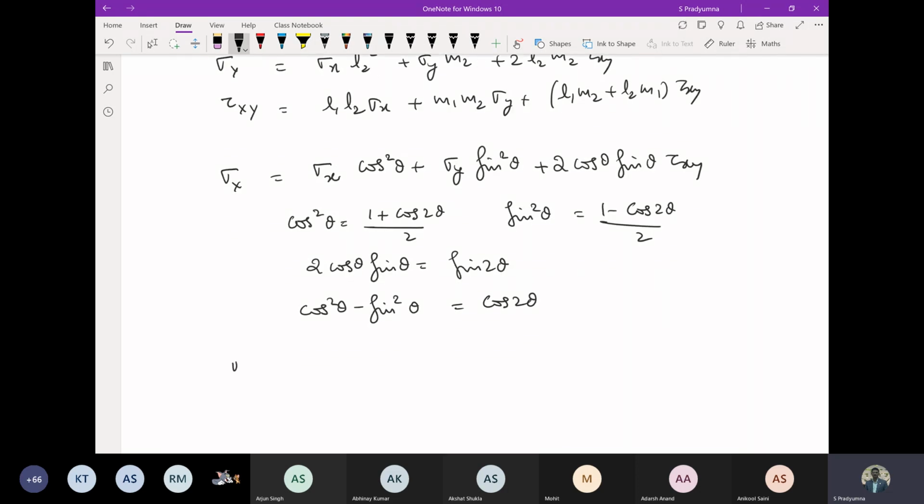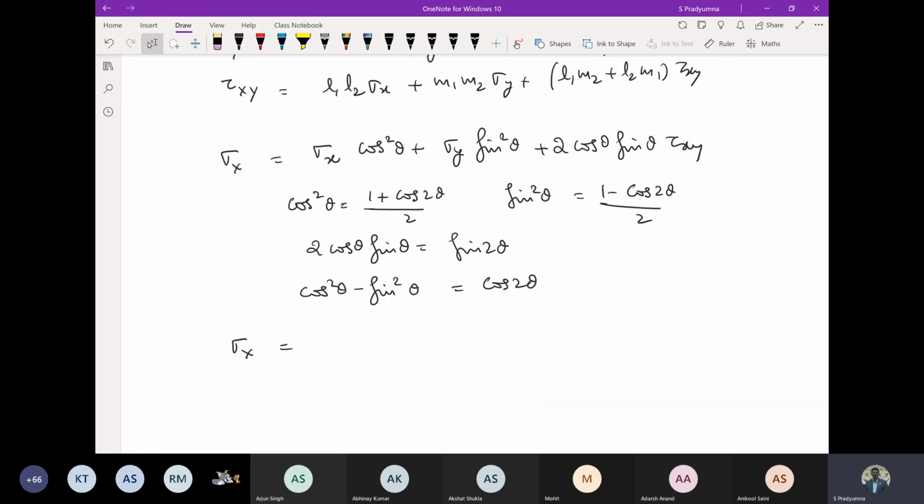Fine. I can write that sigma capital X is equal to (sigma x plus sigma y) by 2 plus (sigma x minus sigma y) by 2 cos 2 theta plus tau xy sin 2 theta.